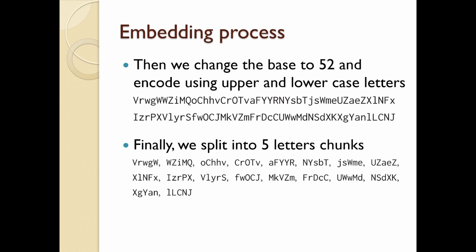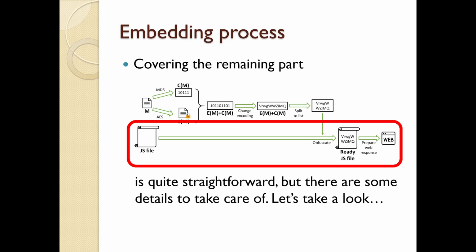So to make it indistinguishable from the original obfuscation process, we want to use exactly the same character set. Finally, we split the message into 5-letter chunks, and that array is ready to be included in the JavaScript file.